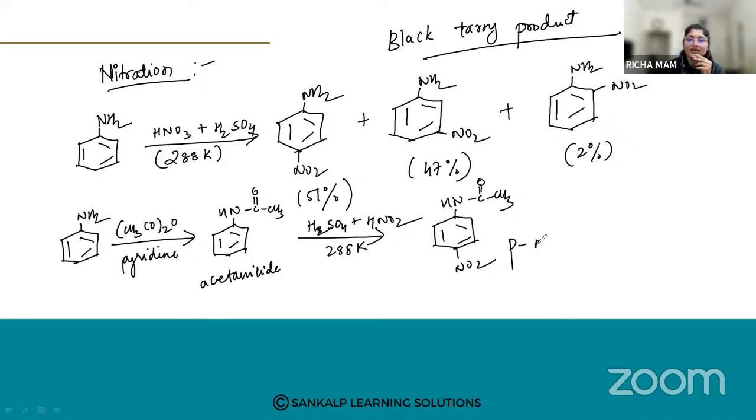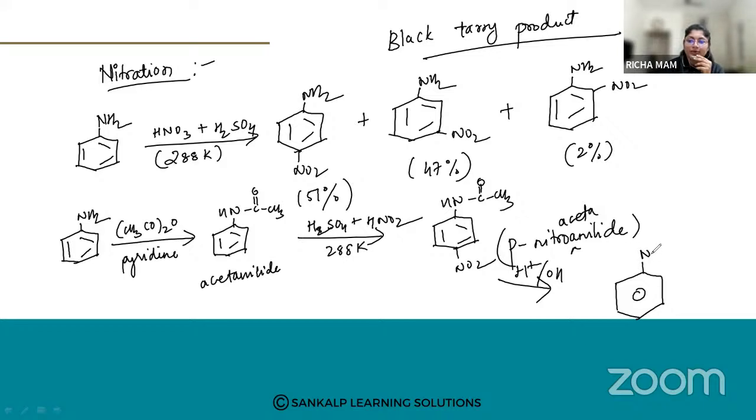So this is para-nitroacetanilide. Further, I am going to do hydrolysis, and I am going to get my NH2 group back. So what I got is 4-nitroaniline.